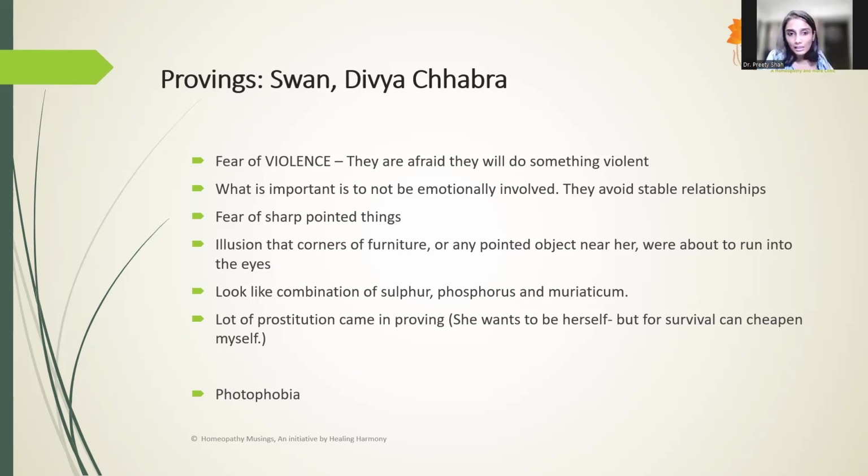I have cheapened myself. A lot of themes of prostitution came out: how much of myself do I have to deteriorate to maintain my comfort zone, to maintain my dignity or whatever? So how much sacrifice? So this conflict is very much the core of this remedy.